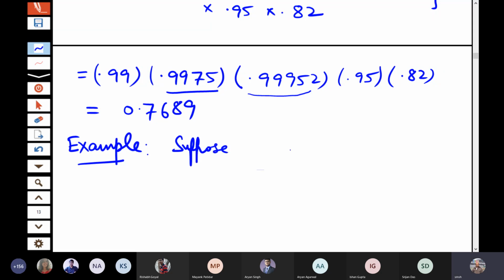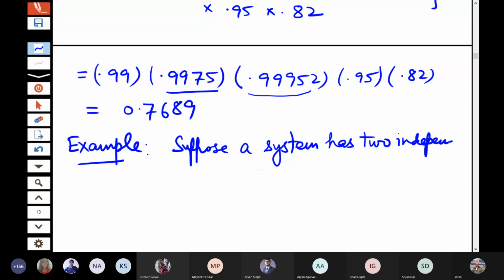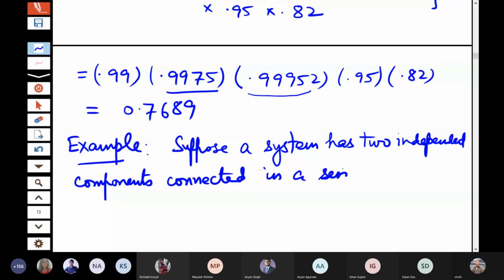Okay, so I will just take two parts here. Suppose a system has two independent components connected in a series. Okay.